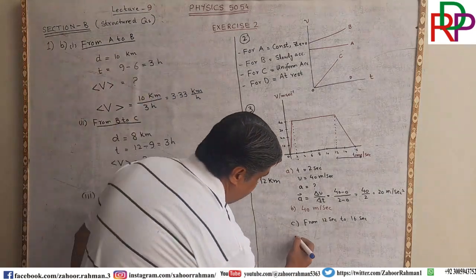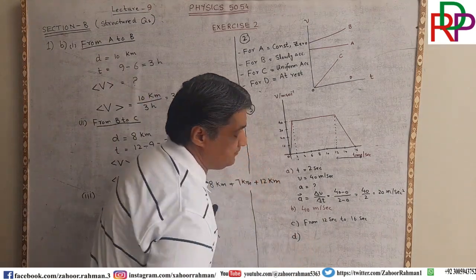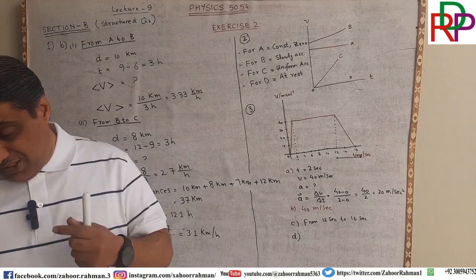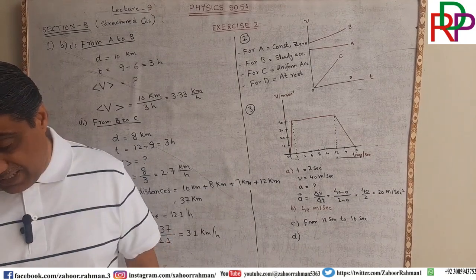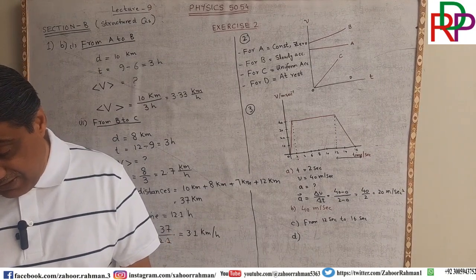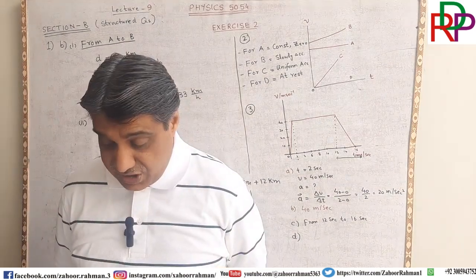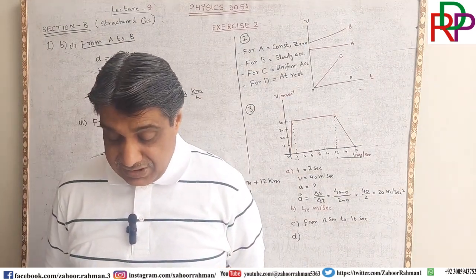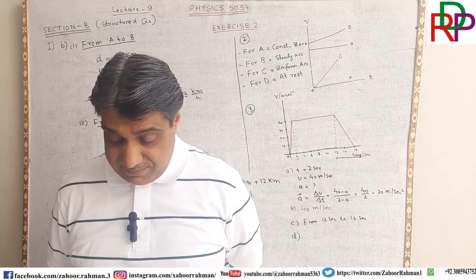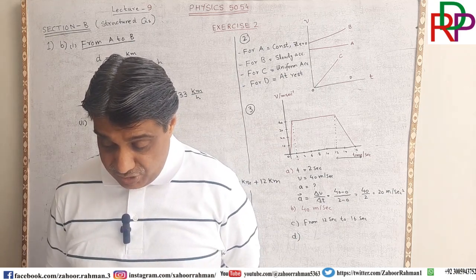And D part is saying the total distance between two stations.